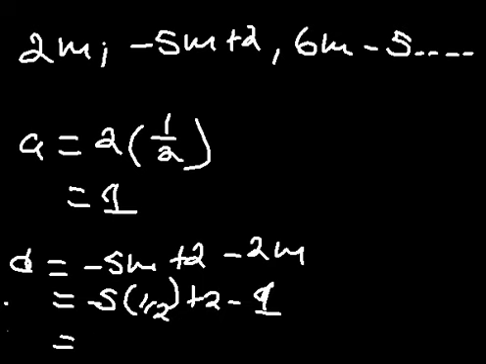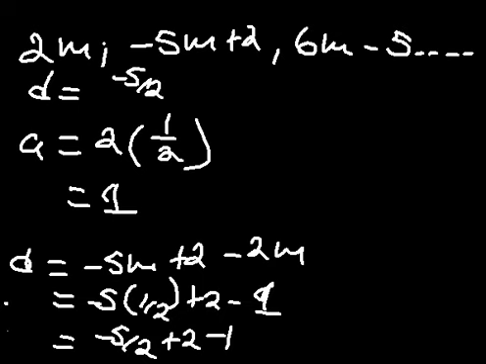So now we'll have negative 5 over 2 plus 2 minus 1, and that one is 1. So the common difference is negative 5 over 2 plus 1.